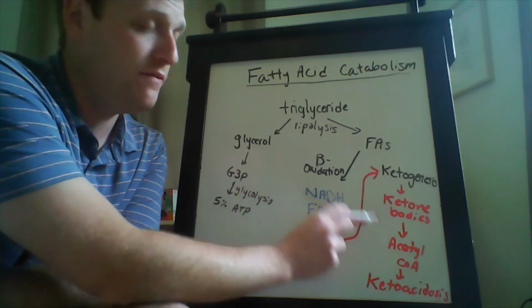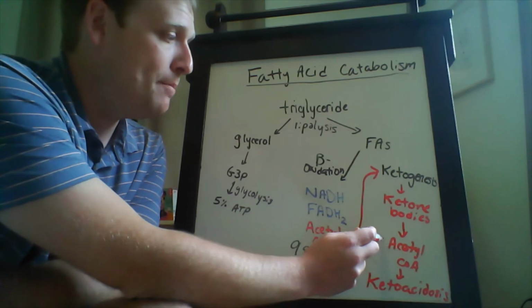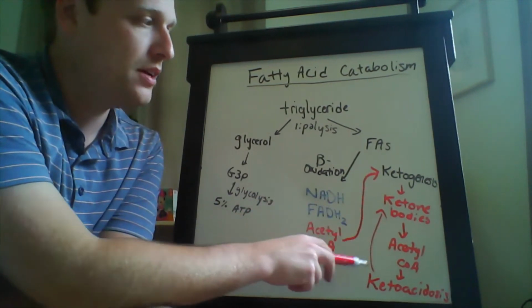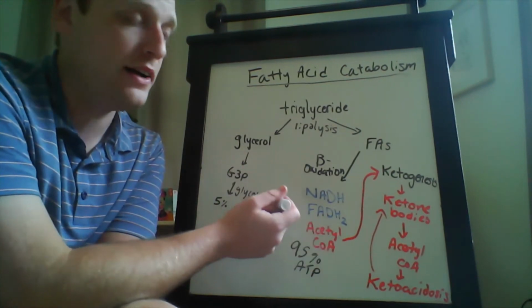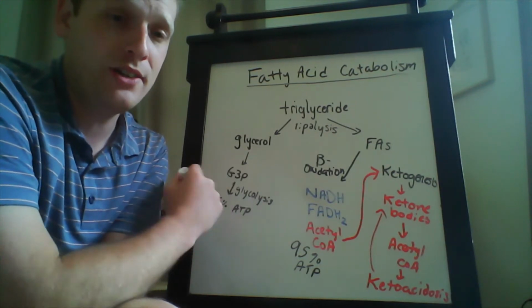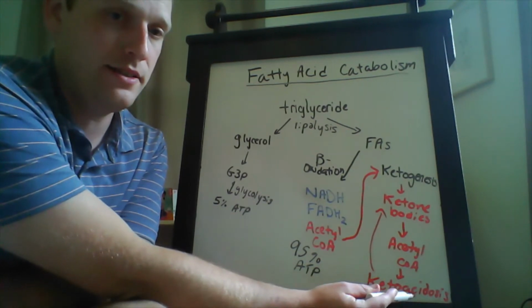So again, this is in very extreme cases of starvation where you'll actually get a buildup of ketone bodies. And ketone bodies have an acidic nature, and if they build up in great enough amounts, they can lower the pH of your blood to potentially dangerous levels. And we call this ketoacidosis.